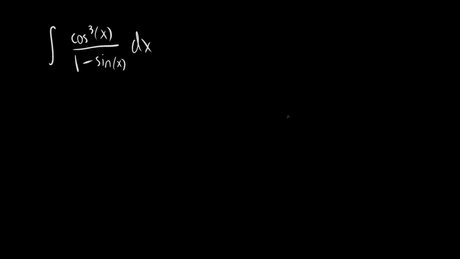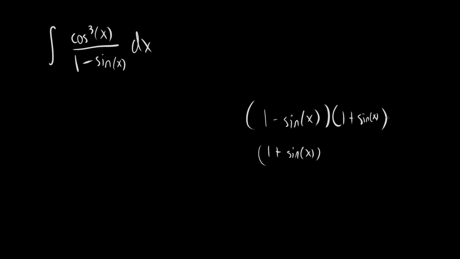First, usually when you have 1 minus sine of x, or 1 plus sine of x, it's a good idea to multiply by its conjugate. For example, if you had 1 minus sine of x, you could multiply that by 1 plus sine of x in order to get 1 minus sine squared of x, which is equal to cos squared of x.